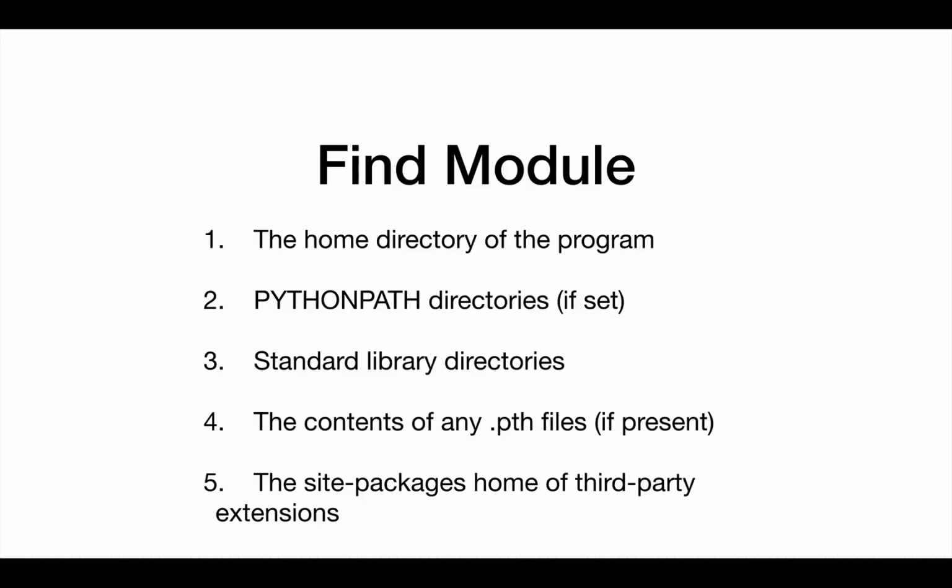If it's not found in your environment path, or it's not set, then the next place Python will look is in the standard library directories. Now these are usually /usr/local/lib or /usr/lib directories in a Linux system, and they are pretty much standard across all flavors of Unix, whether it's Mac or not.